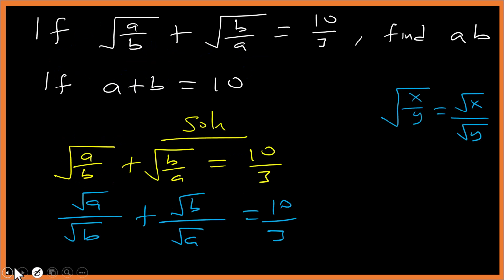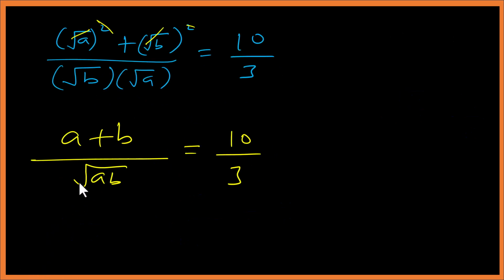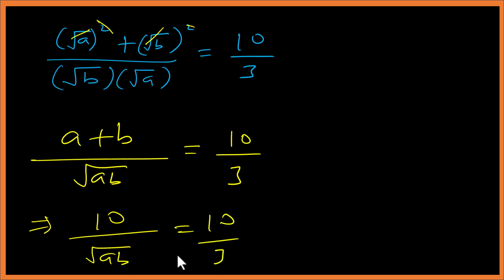But the question says find ab if a plus b is 10. So a plus b is 10, so let's put 10 here. And square root of ab, 10 on 3.